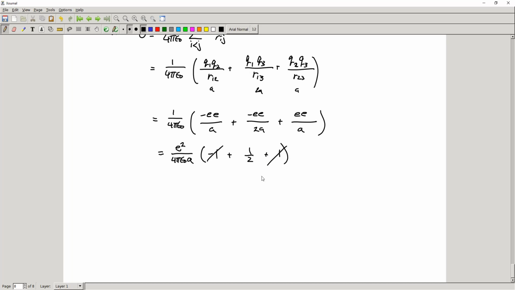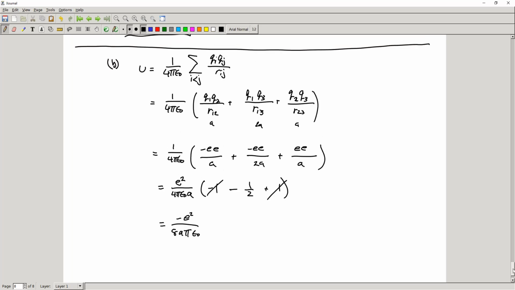And so these will cancel out, and we're left with a factor of a half, and we are left with this expression. Oh, this should be a minus a half. Sorry. Right, because we had a minus sign up here. So we're going to be left with a minus E squared over 8A pi epsilon naught. Oh, sorry about that. Okay, so that is the answer to that one.